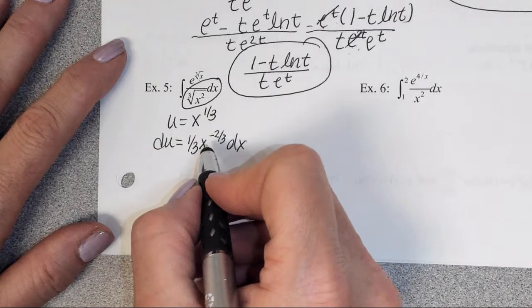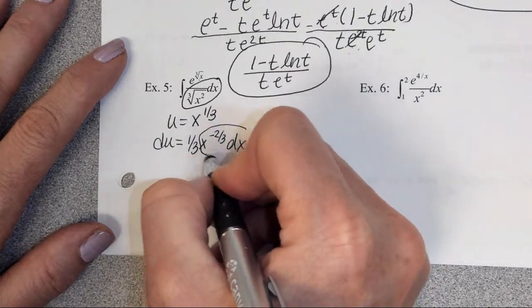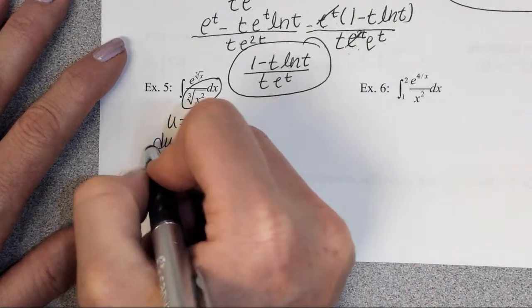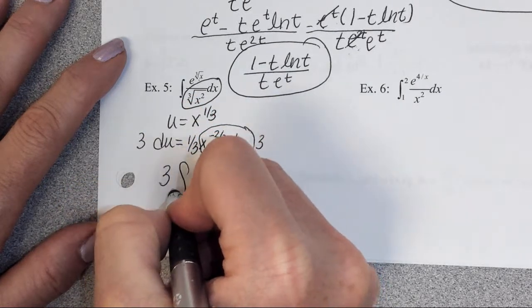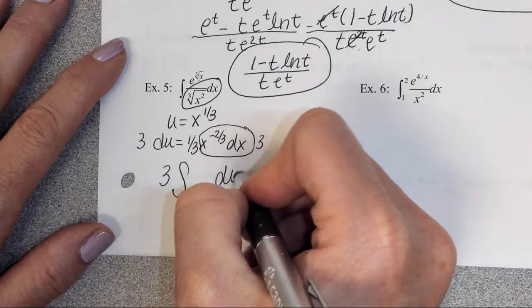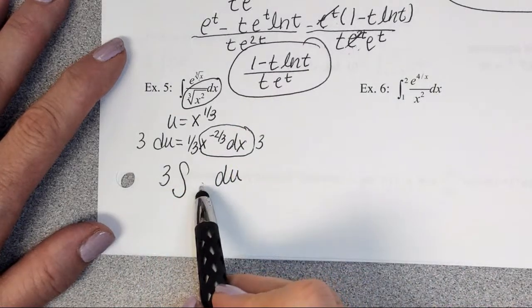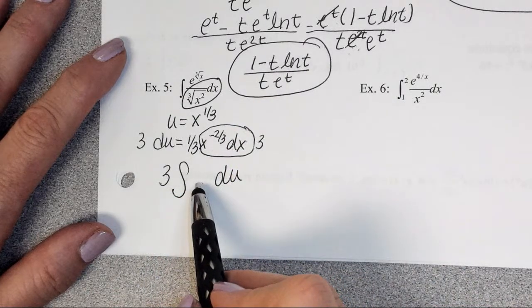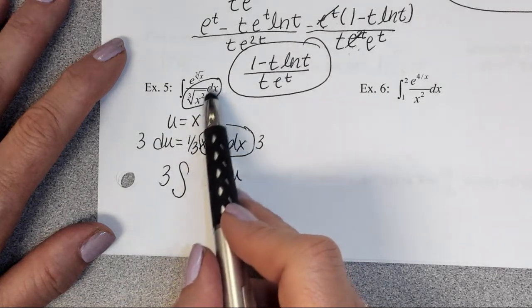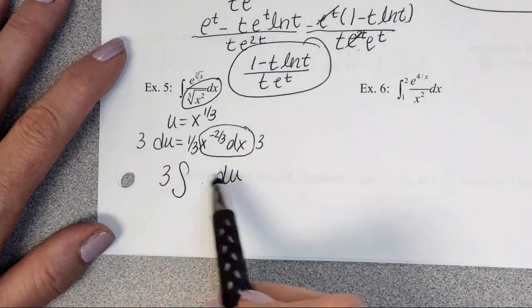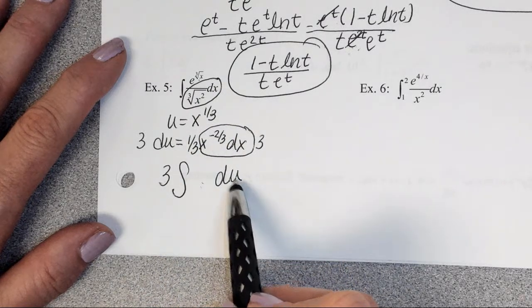So in order to get that x to the negative 2/3, I'm going to have to multiply by 3. So I'm going to have 3 times the integral of du. What's my problem going to turn into now? Look, all of this got replaced. That's all gone with 3 du.